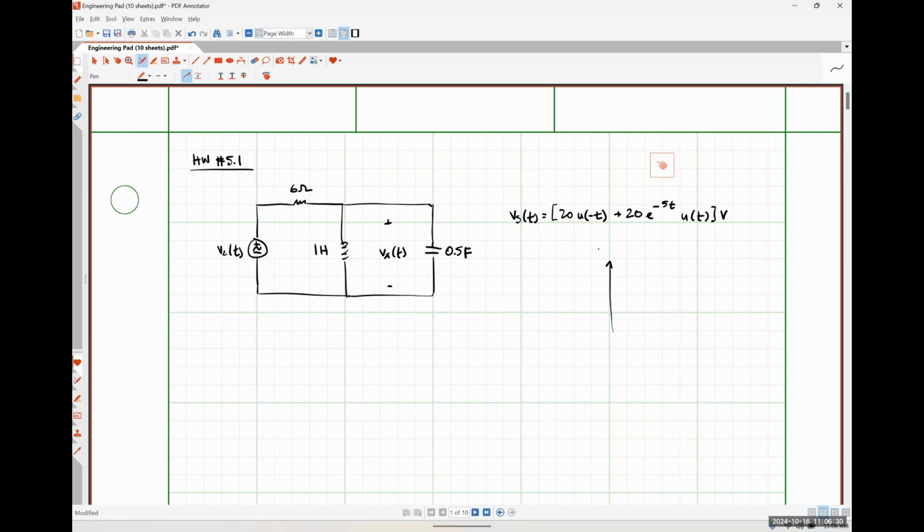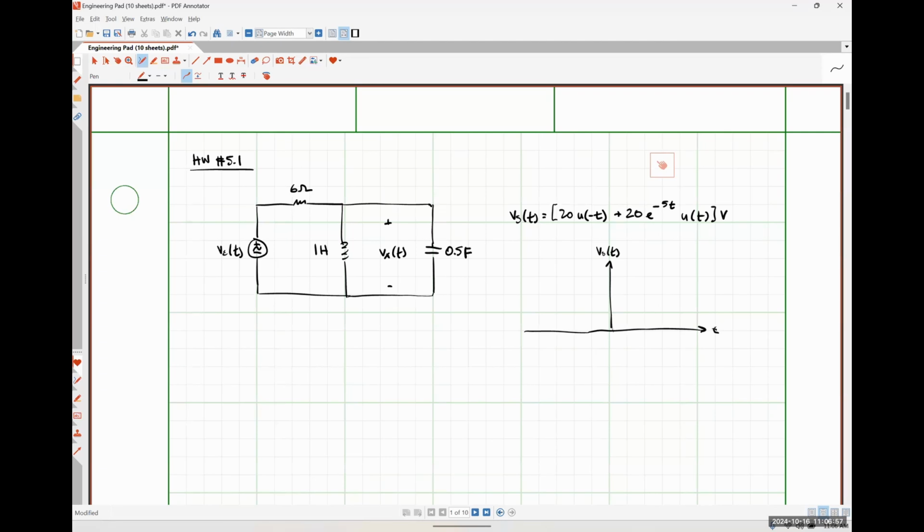So if this is Vs of t as a function of time, so here's time on this axis. What does U of negative t mean? Let's start there. That's a unit step function, but instead of extending out to the right infinitely, it extends out to the left infinitely.